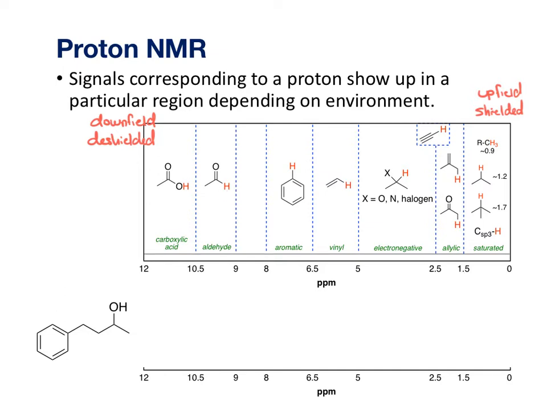Then we have aldehydes and carboxylic acids. Alcohols and amines can show up anywhere. And they usually show up as a singlet. Typically, alcohols and amines don't split.